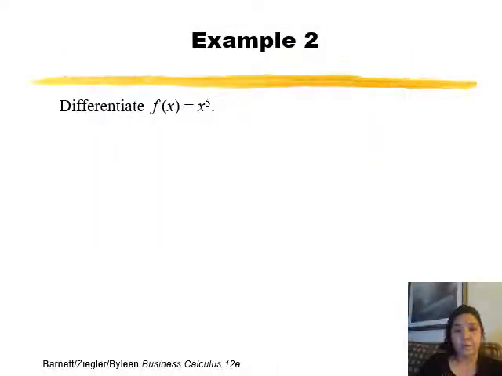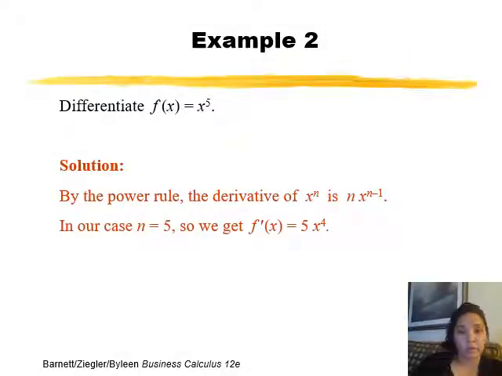So let's use theorem number 2 for example number 2. Here we have f of x is equal to x to the 5th. The power rule says that the derivative of x to the n is: you bring that n down, and you do x to the n minus 1.